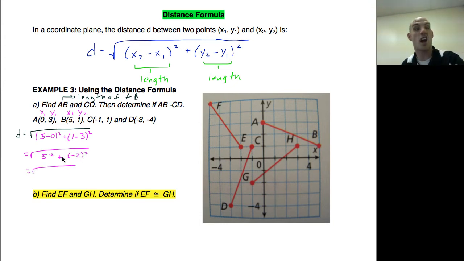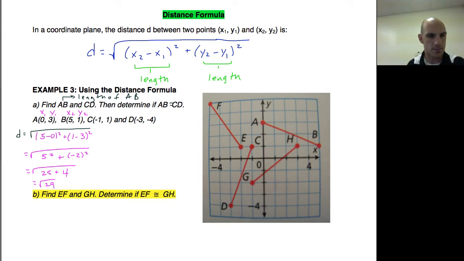Well, if I do a little bit of reduction here, 5 squared is 25. And negative 2 squared would be negative 2 times negative 2, which would be 4. And so this is the square root of 25 plus 4 equals the square root of 29. We can leave that as the length of AB for right now.